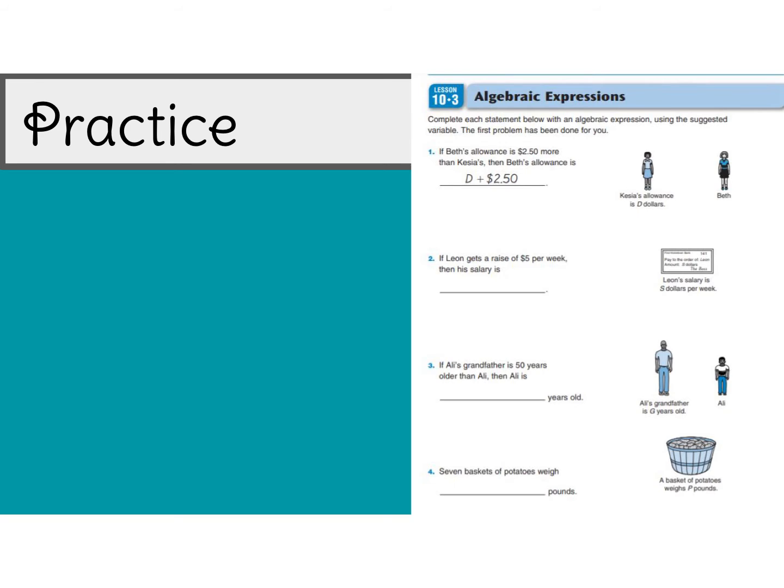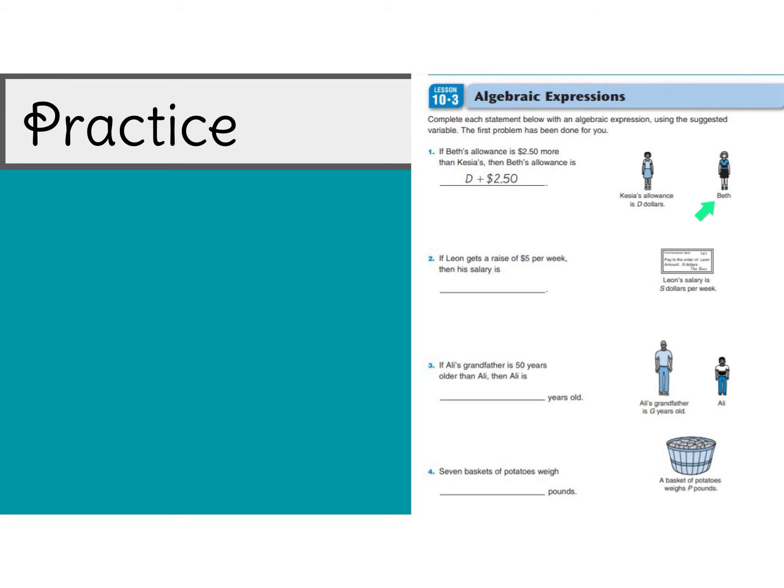So let's take a look at the first problem as our example that reads, if Beth's allowance is $2.50 more than Kesha's, then Beth's allowance is, and we have a line. So if we take a look here, they show you that Kesha's allowance is $D, and here's Beth.